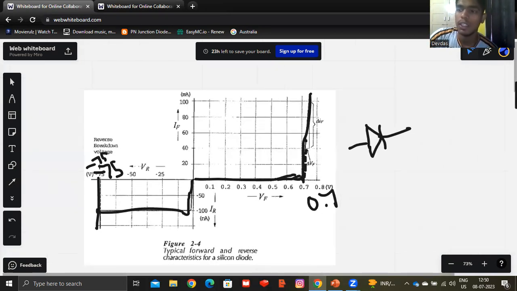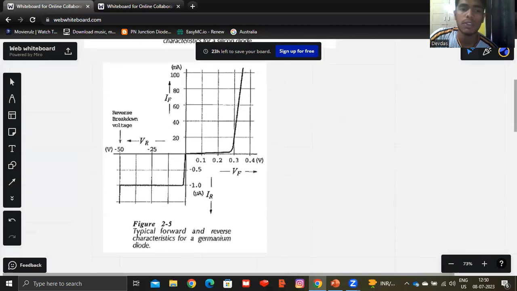Similarly, we can see the forward and reverse characteristics for a germanium diode. It's similar to the silicon diode, where there is a very small flow of current in the forward characteristics until it reaches a forward voltage drop of 0.3, and you can see there is a huge increase in the forward current at 0.3. This 0.3 is termed the forward voltage drop of the germanium diode.